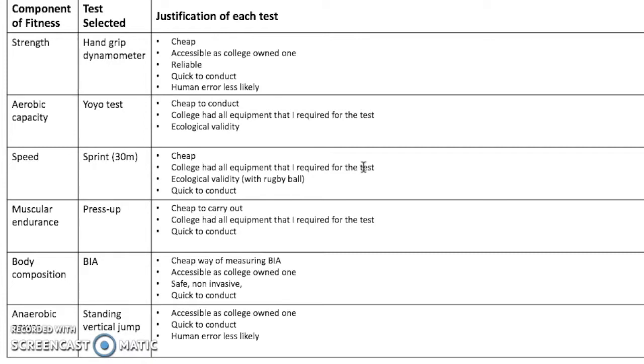For muscular endurance, again, it was very accessible, it was cheap to carry out, the college had all the equipment that I required for the test, and it was quick to conduct, didn't need much equipment. And then for body composition, the BIA is a very cheap way of measuring, as other ways of measuring it are a lot more expensive.